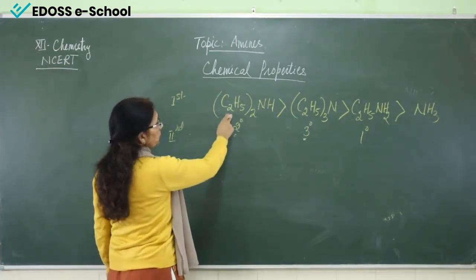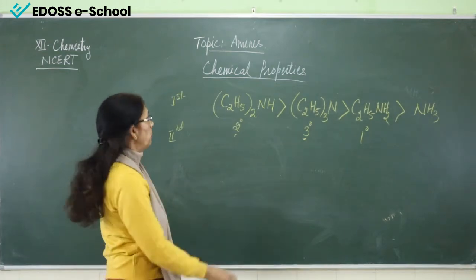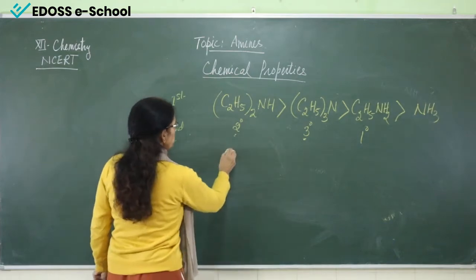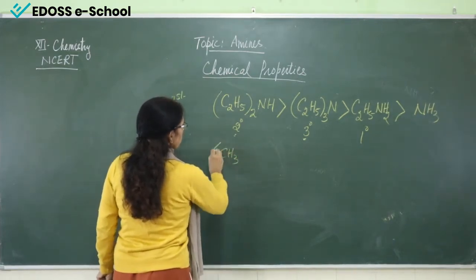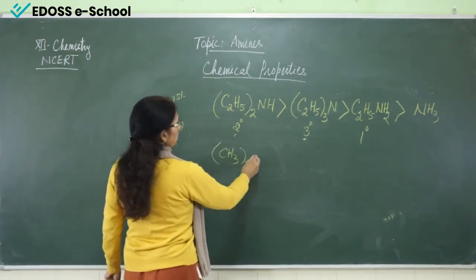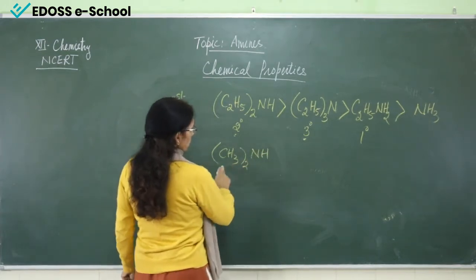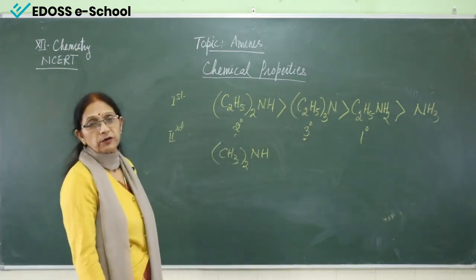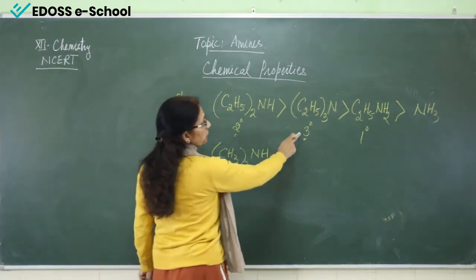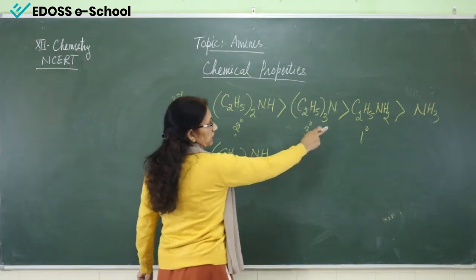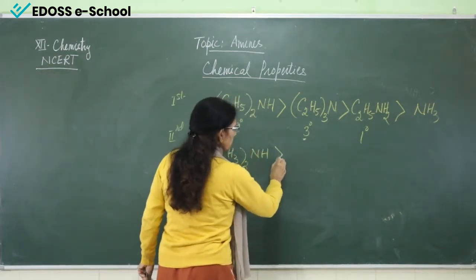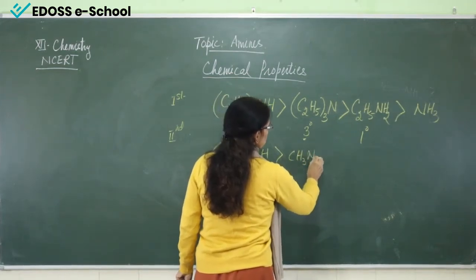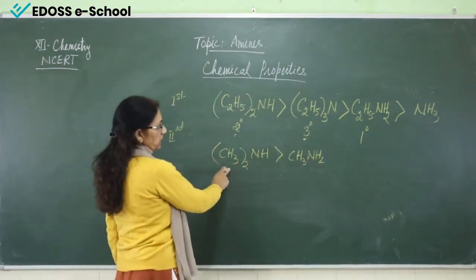But now, if in the same compound, in place of C2H5, I take CH3, see here, (CH3)2NH. This is secondary. So, the basic strength of secondary will remain same, but in case of tertiary, what will happen? In place of tertiary, primary will come. This is CH3NH2. This is primary amine.